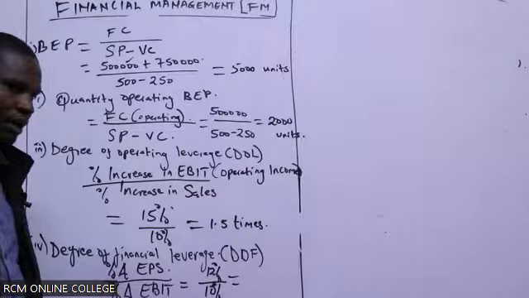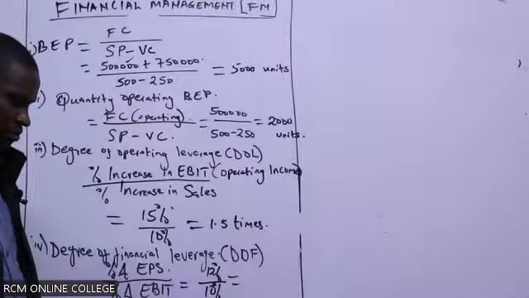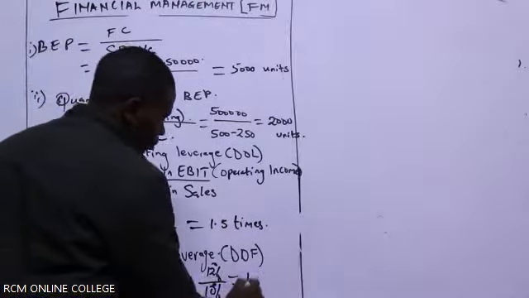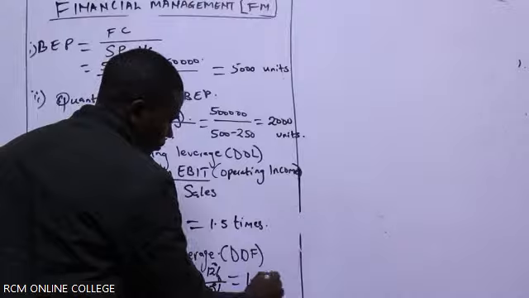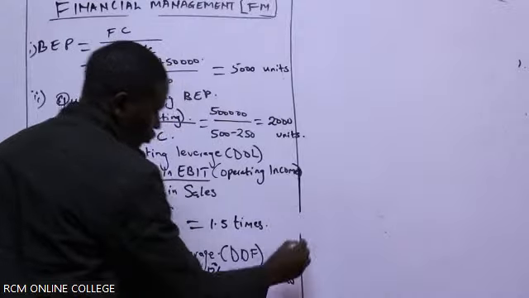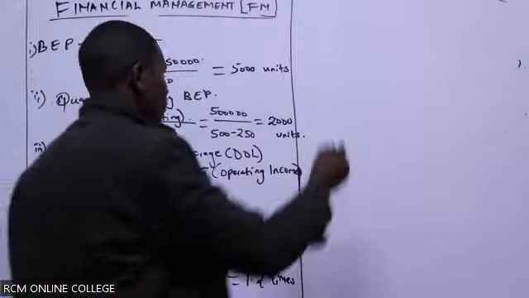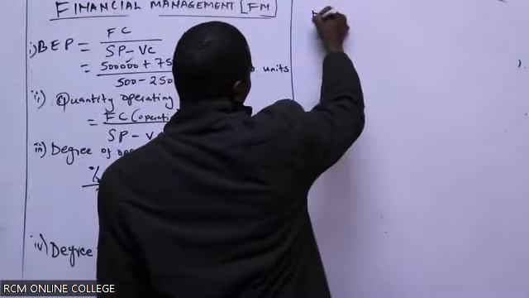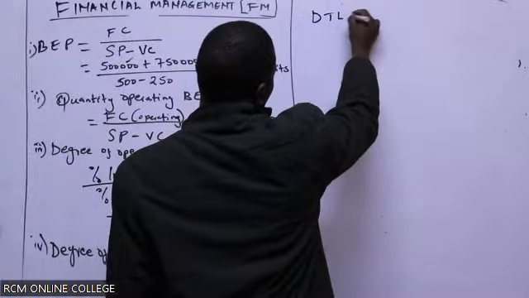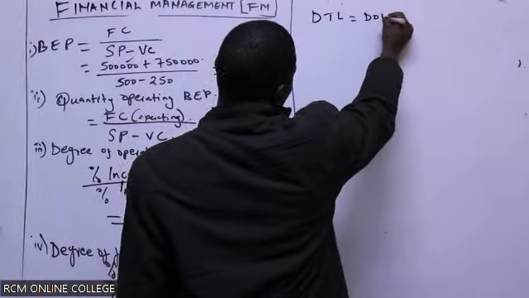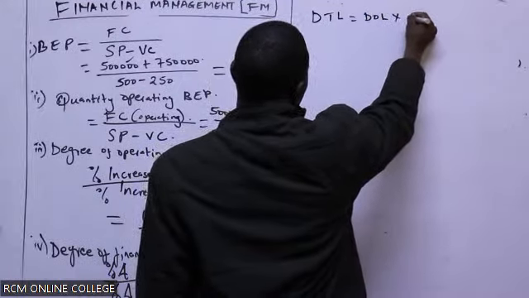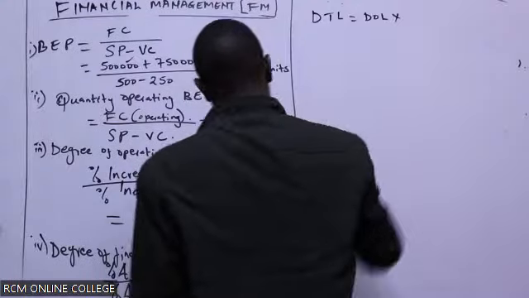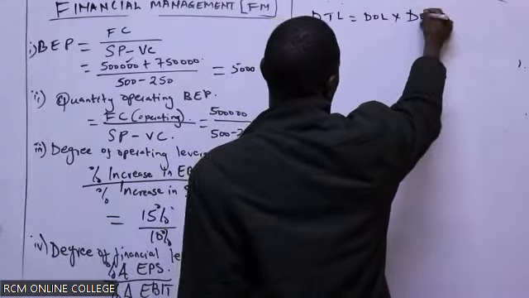12% divide by how many? 1.2 times. And then the degree of total leverage is DOL times DFL, degree of financial leverage.